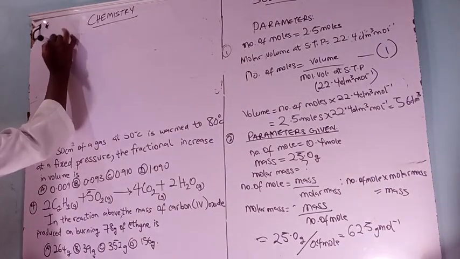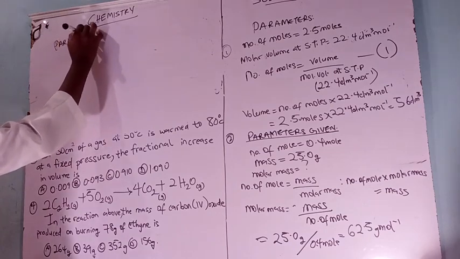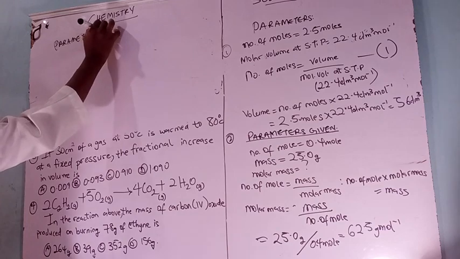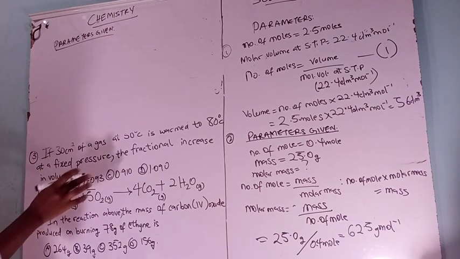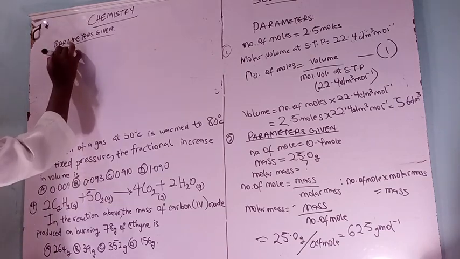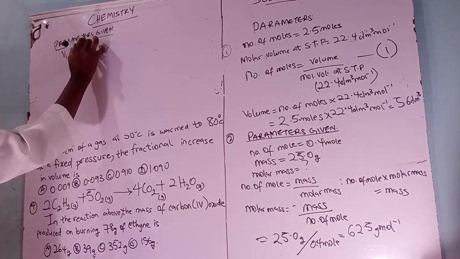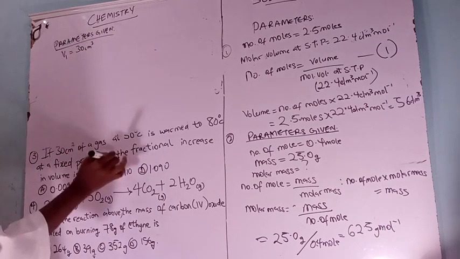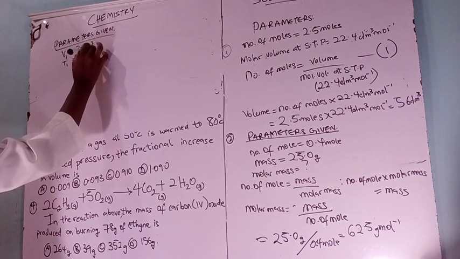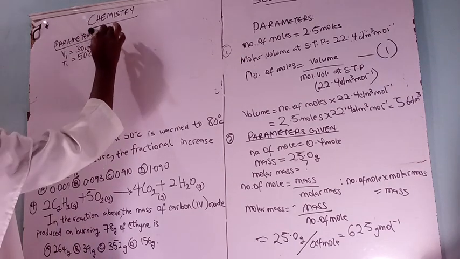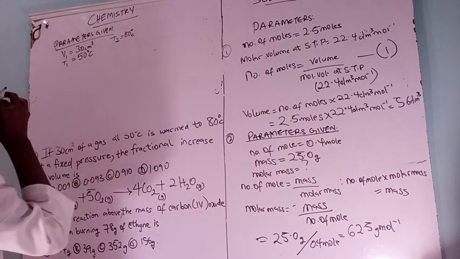What are the parameters given? Volume, the initial volume, which is volume 1, equals 30 centimeter cube. Initial temperature 15 degrees Celsius. Final temperature 80 degrees Celsius.